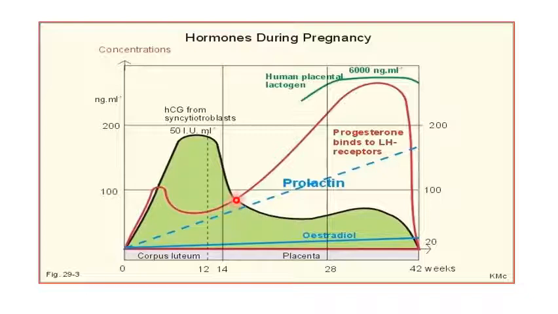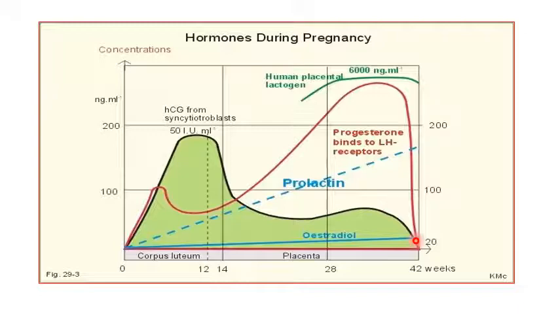And it helps in maintaining the corpus luteum and helps secrete progesterone from the corpus luteum. After that, the progesterone is secreted from the placenta and it increases, and this is the main hormone to relax the uterus all through pregnancy. But a week before delivery, it decreases so much that labor pain can be initiated.